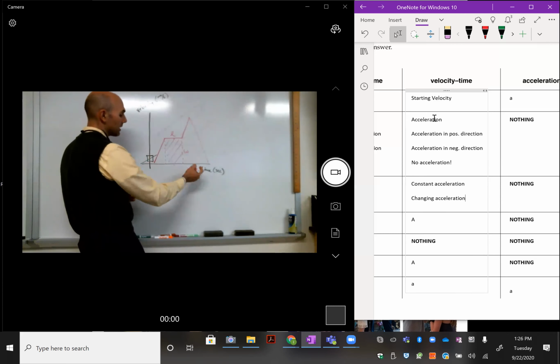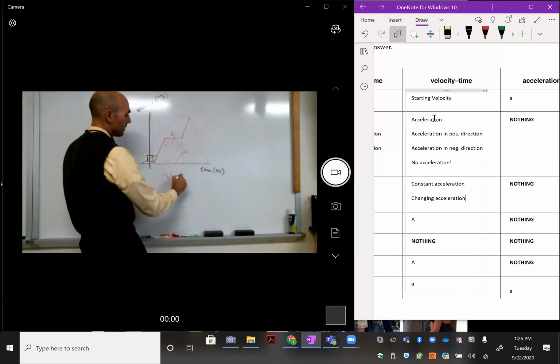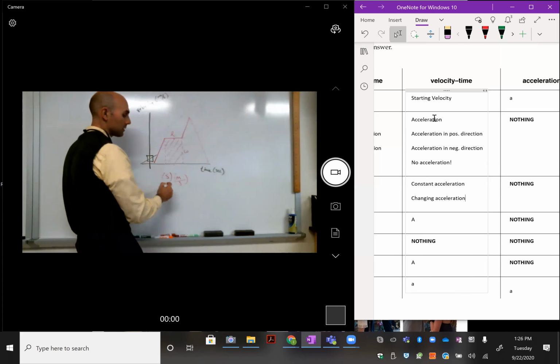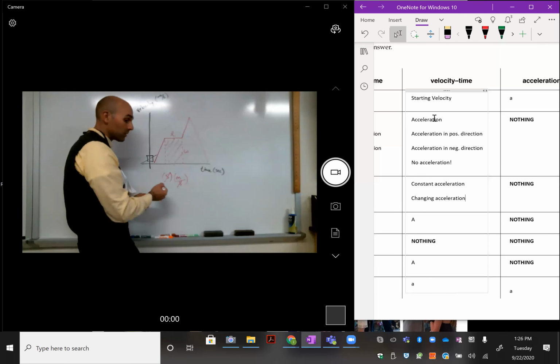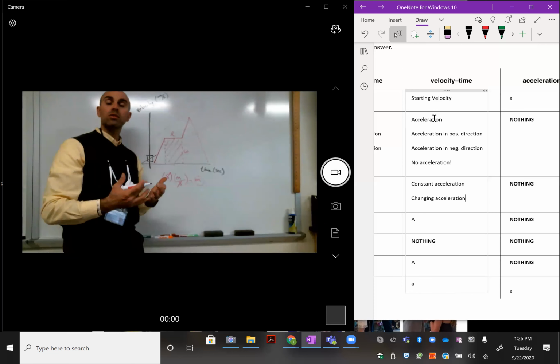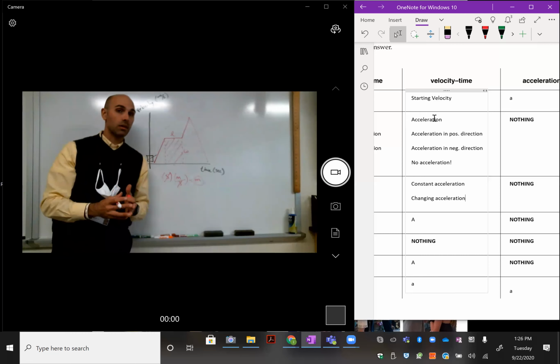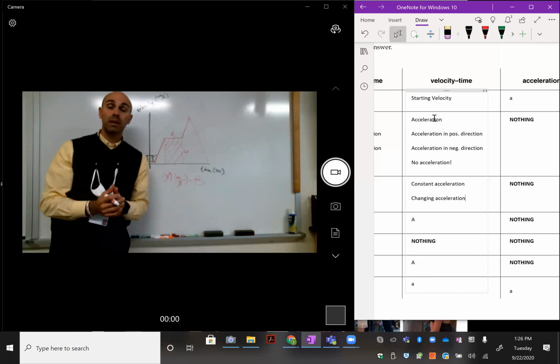You will be taking seconds and multiplying it by meters per second. Remember from math class, something on top, something on the bottom, they cancel. And in this case, you're left with just meters, which is your displacement. And in fact, calculating the area under the curve is calculating the displacement.